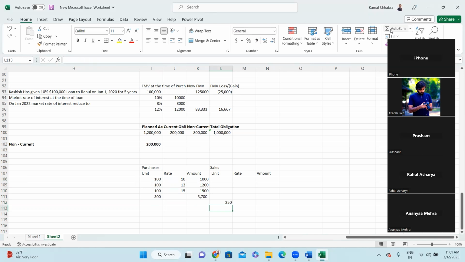And you are using FIFO method of inventory. Are you guys with me? Yes, sir. So what is the value of inventory? 250 sold, how much is remaining? 50. So what is the value of this 50? Sir, are you following FIFO or LIFO?